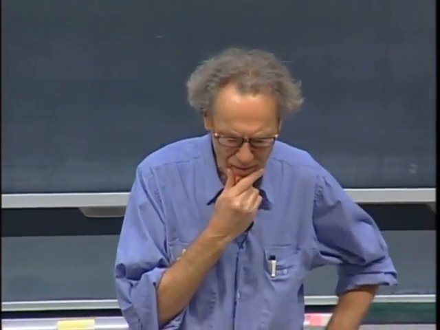In 1911, the English physicist Rutherford demonstrated that almost all the mass of an atom is concentrated in an extremely small volume at the center of the atom. We call that the nucleus. It's positively charged. And there are electrons, which are negatively charged, which are in orbits around the nucleus.